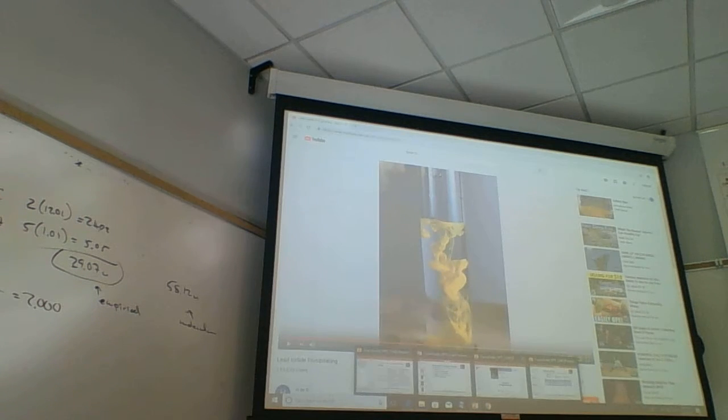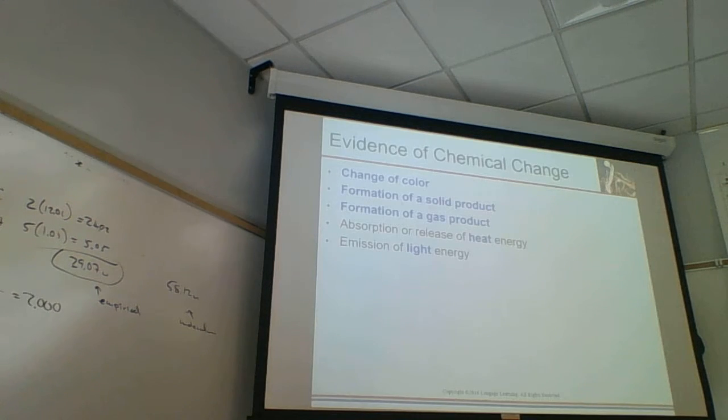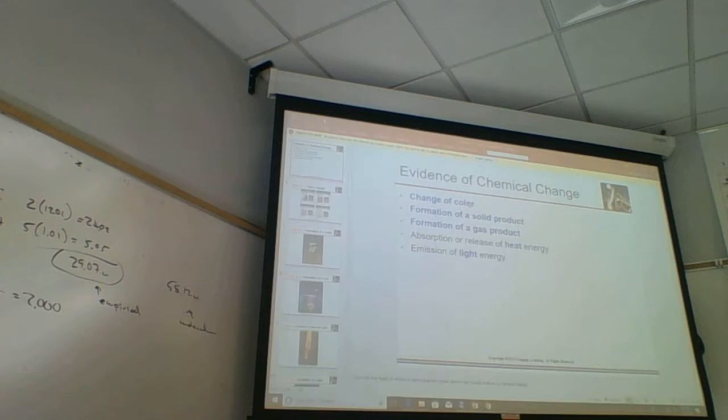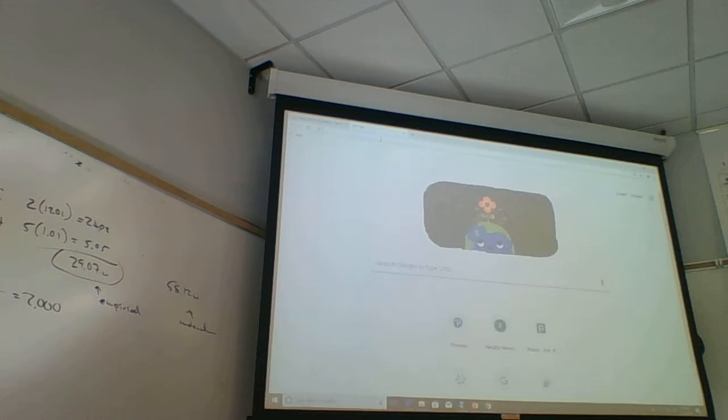Let's move on to the next one. Next one is called formation of gas, which we call effervescence. It's not boiling water. Boiling water is not chemical. And so let's take a look at effervescence.